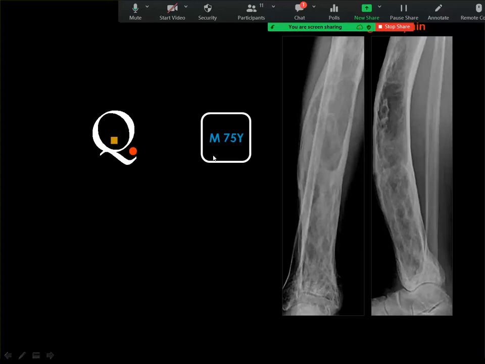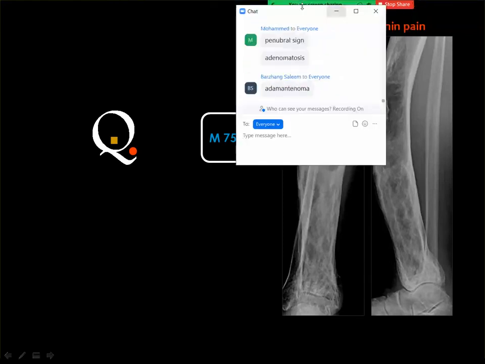Next case, male, 75 years old, and this is the tibia. Adamantinoma, yes. Two lesions can produce this appearance in the tibia.